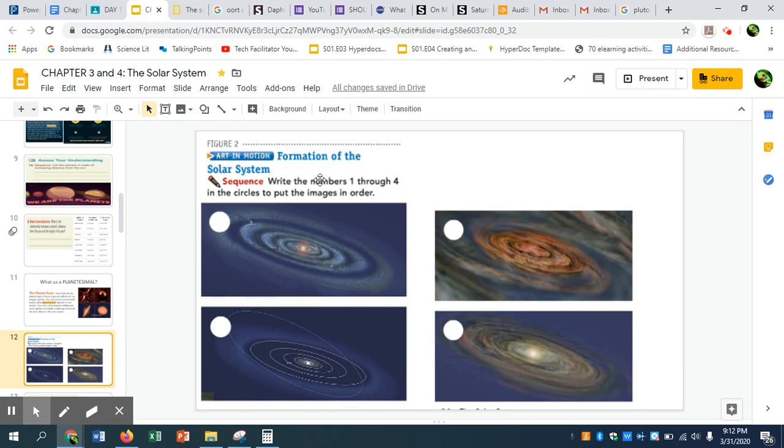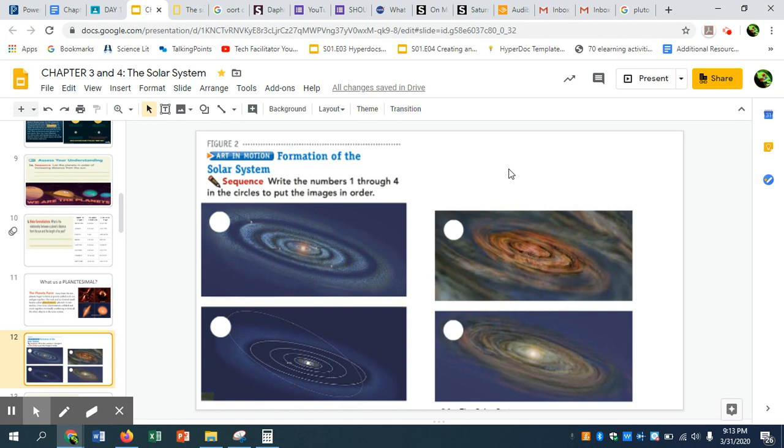All right, so speaking of the beginnings of our solar system, this is figure 2. We are going to write the numbers 1 through 4 in order from looking at these pictures. Which picture do you think is the youngest picture of our solar system, and which one is the oldest? So if you know a little bit about space, we have these nebulas out in space, and some people call them nurseries for stars.